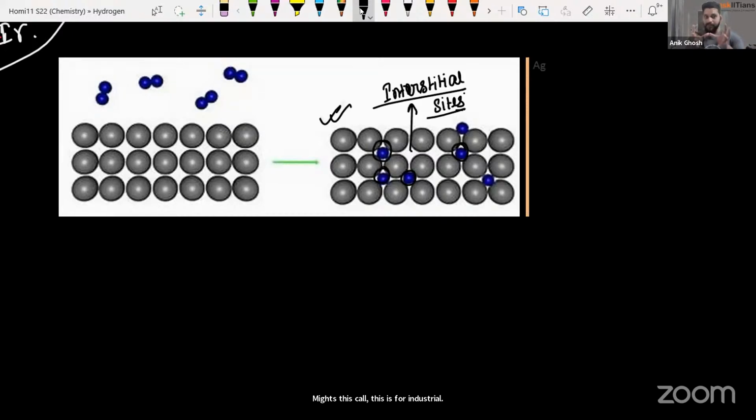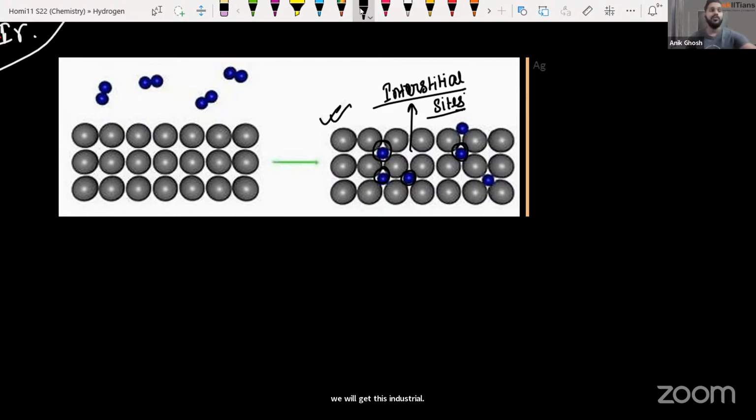When the lattice is being formed, the gap that is there in the lattice, the hydrogens might fit in there and get connected in the interstitial sites. So they are acting like an impurity here. They are not compounds. These hydrogens are acting like impurities in this metal structure. In this situation, we will get these interstitial compounds.